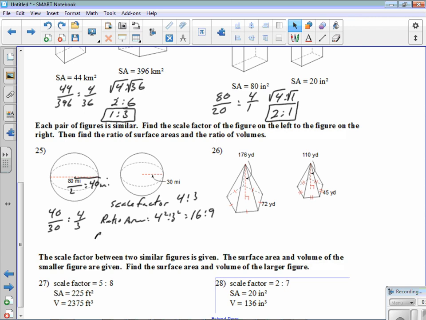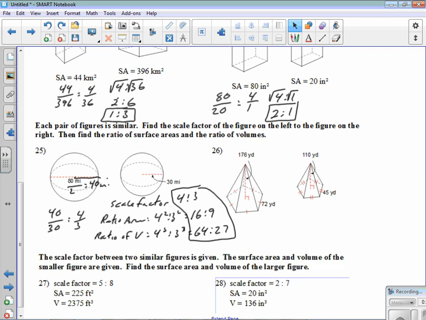And then for ratio of volume, we cube that, so 4 cubed to 3 cubed, which is going to end up being 4 cubed 64, 3 cubed is 27. So 4 to 3, 16 to 9, and 64 to 27.